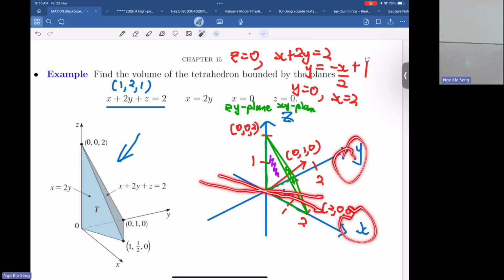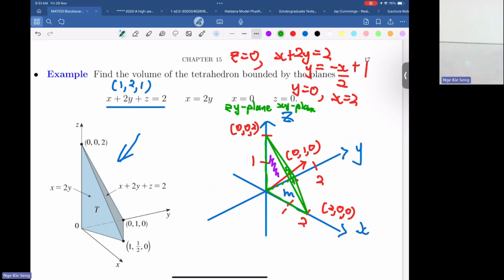So maybe like this. Let's cut it like this. In particular, when you cut through this plane, what's the intersection here? y equals x over 2.